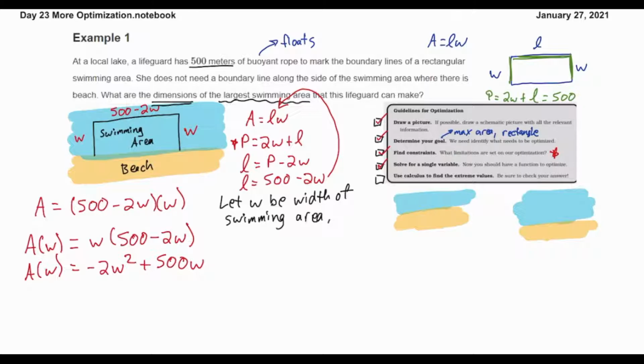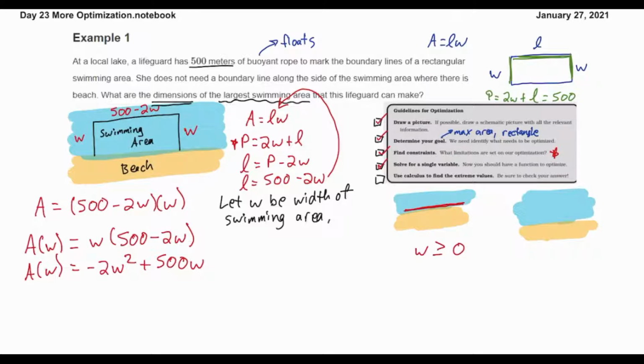In one, our width is set equal to 0 and the rope is just stretched right along the beach. And so that's the minimum possible value for our width. So our width can be as low as 0, well, I guess it can physically. We don't have an area at that point, so it has to be slightly greater than 0. But mathematically, our width is greater than or equal to 0.